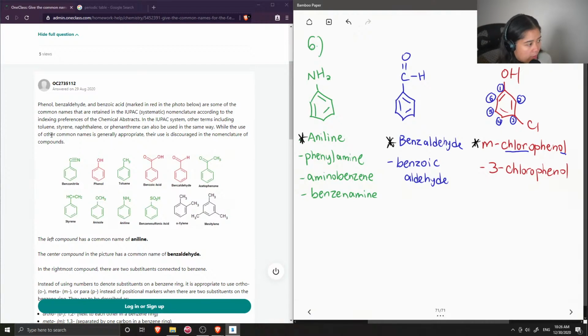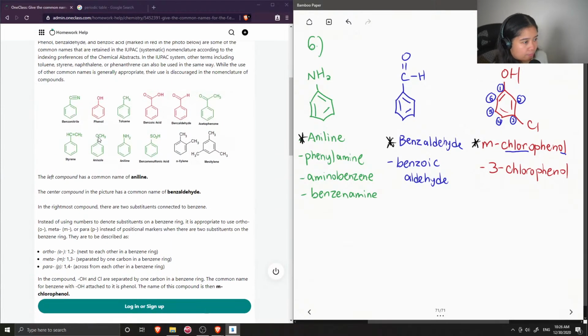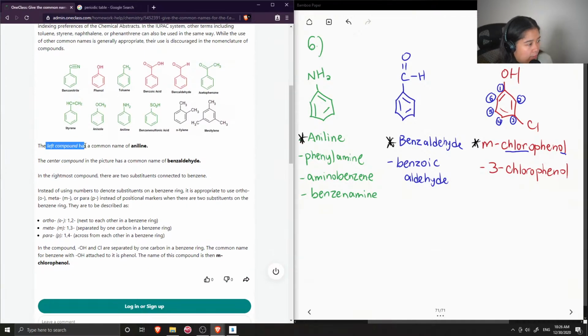While the use of other common names is generally appropriate, their use is discouraged in the nomenclature of compounds. So here they have a lot of other examples like benzonitrile, toluene, acetophenone, and the left compound has a common name of aniline. The center compound in the picture has a common name of benzaldehyde, and in the rightmost compound there are two substituents connected to benzene.